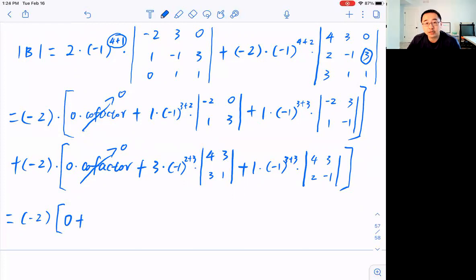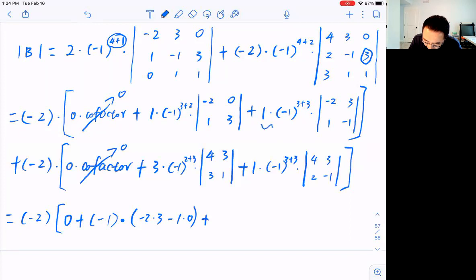I don't even have to calculate its cofactor. Plus the second term here is 1 times -1 raised to the 5th power, which is -1, times, finally, the determinant of a 2 by 2 matrix. You know how to do that one, right? That is -2 times 3 minus 1 times 0.